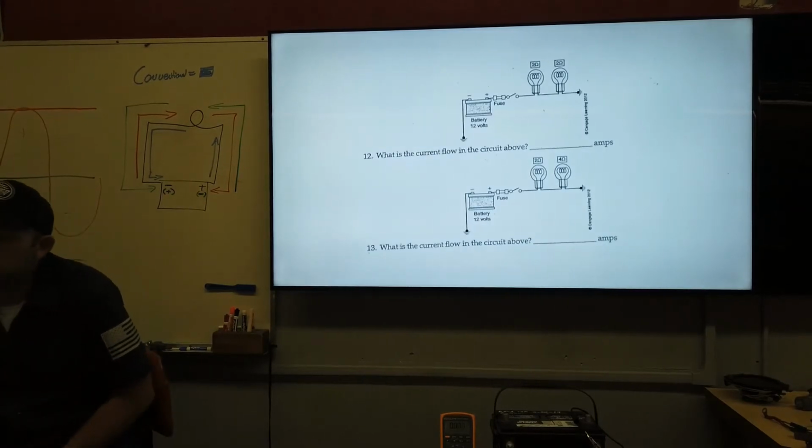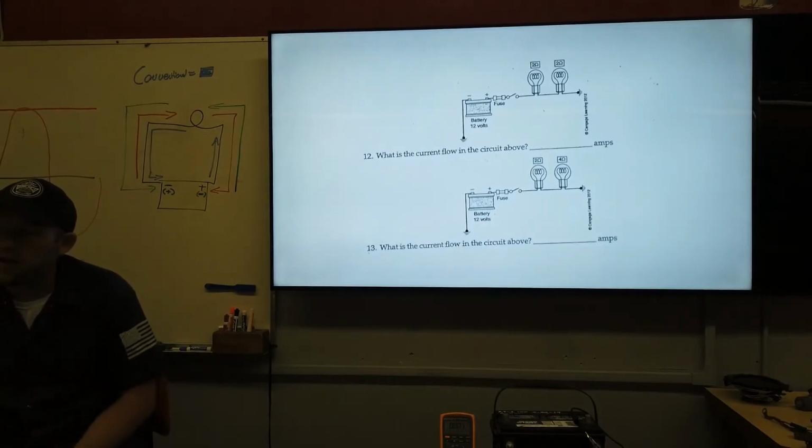So now this is a calculation for a circuit, and first off, is this a series or parallel circuit? This is a series circuit. To calculate the total resistance of a series circuit, you first have to add the resistances up. If we call this resistance 1 and this resistance 2, then we're going to add those up.